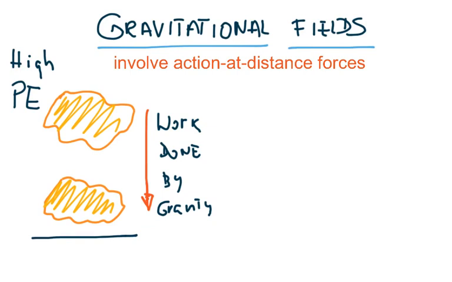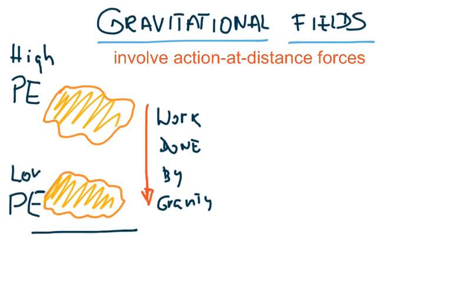So right here, very near to the ground, the potential energy is low, okay? So we know as the object goes from a higher distance to a lower distance from the ground, the potential energy will also go down.